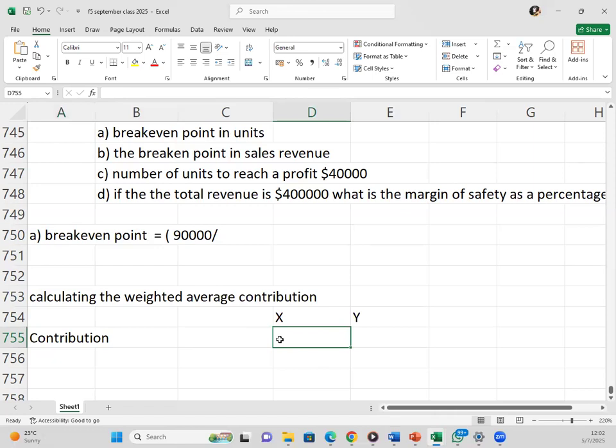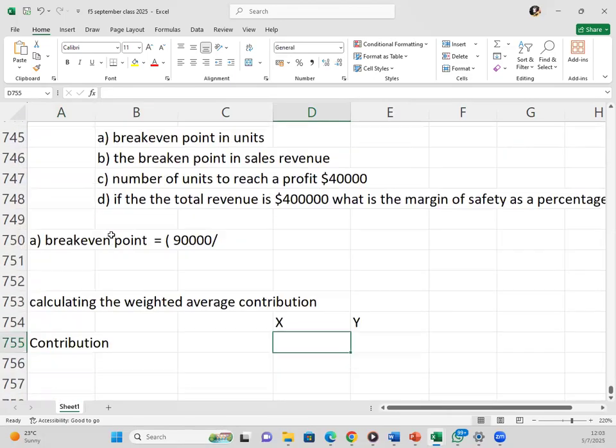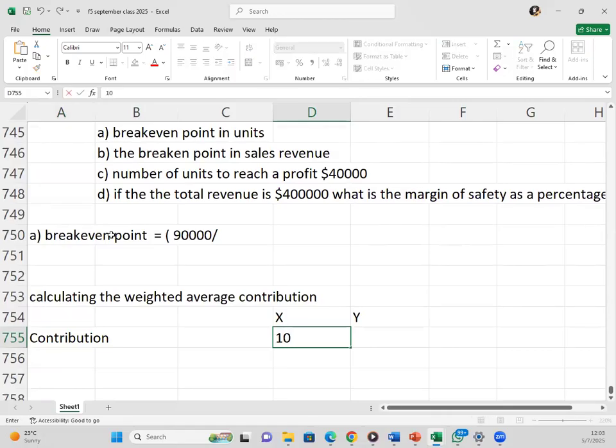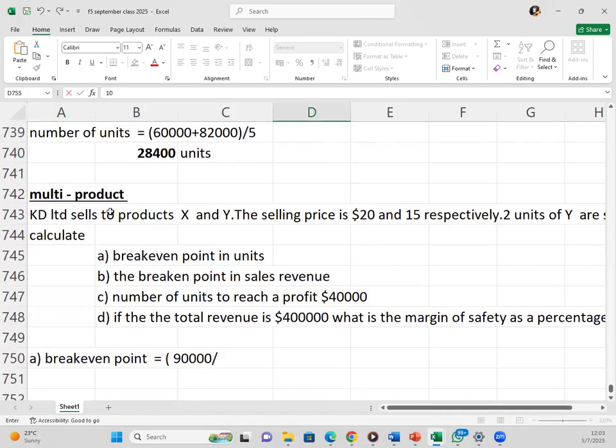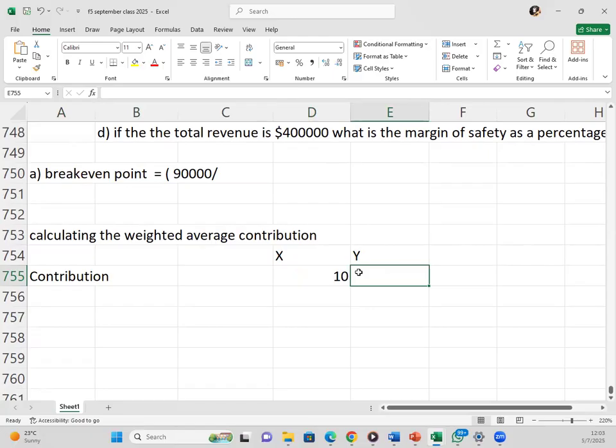For X, it's 20 minus variable cost of 10, that would give us a contribution of 10. Then for Y, 15 minus 7, that would give us 8. So contribution for X is 10 per unit, and for Y it is 8.